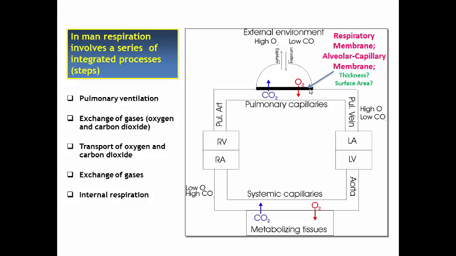However, it is very, very thin, and this helps and favors the diffusion of oxygen and carbon dioxide. It is approximately 1 micrometer or 1 micron thickness. By 1 micron or 1 micrometer, we mean 1 multiplied by 10 to the power of -6 of a meter.